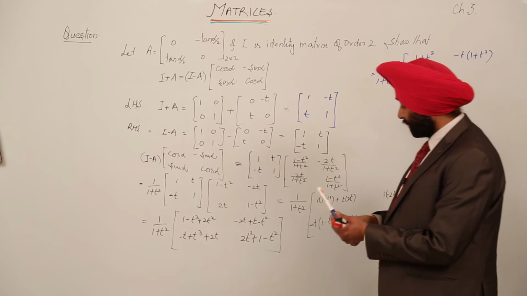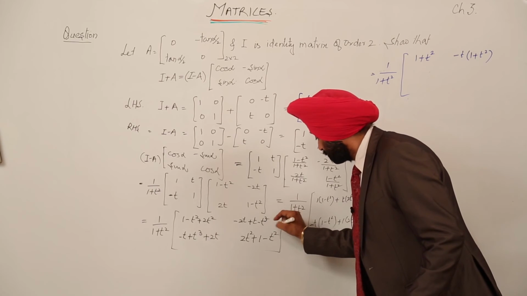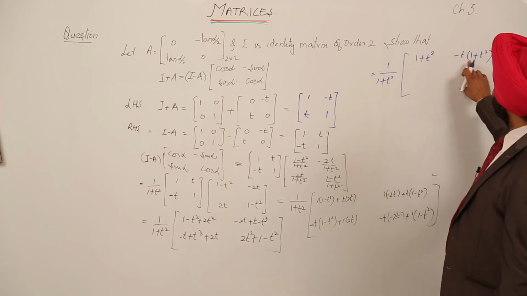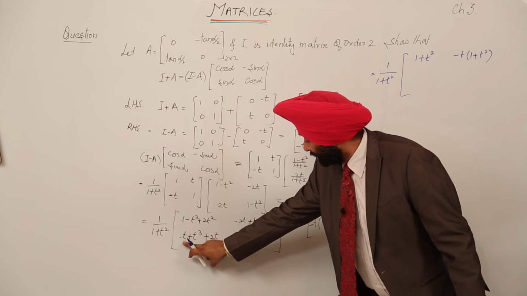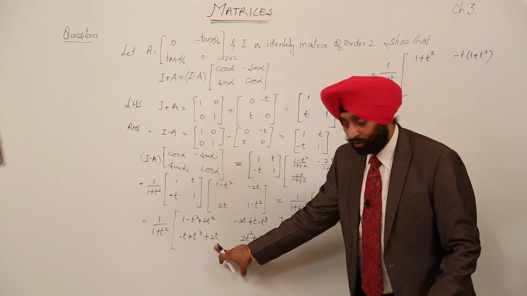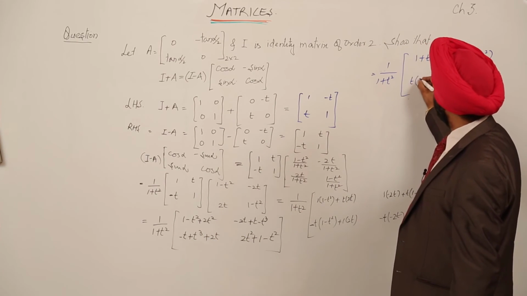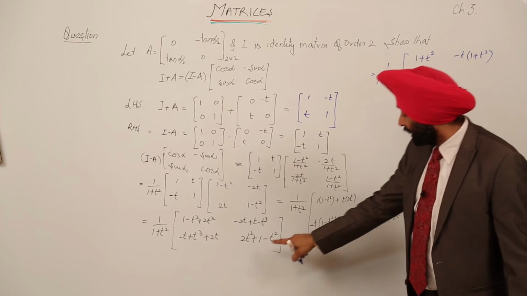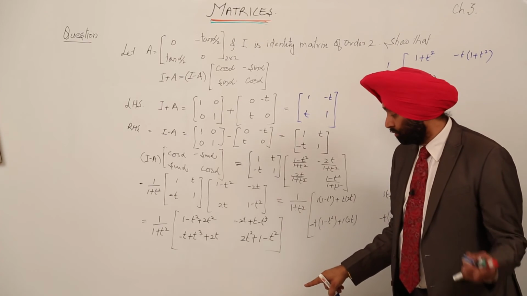Okay, here I was wrong, it is cube. So this becomes minus t, 1 plus t square. Again for the third part, minus t and 2t is t, t plus t cube, t common, 1 plus t square, and the last 2t square minus t square, again t square.